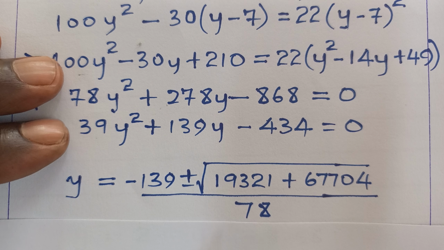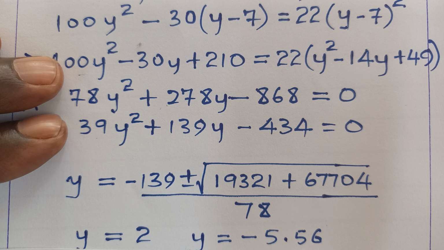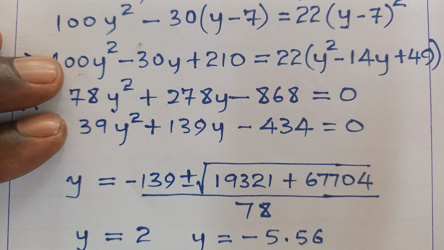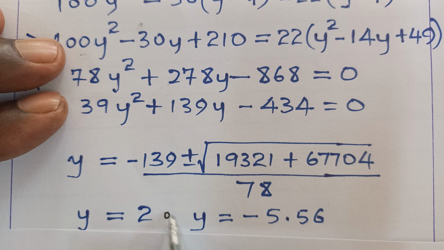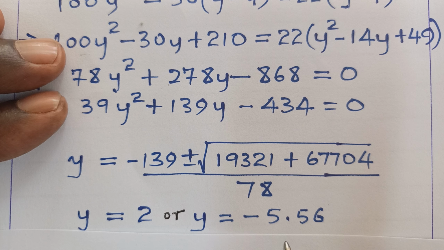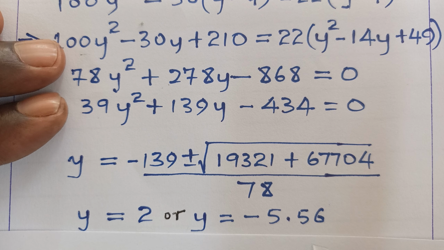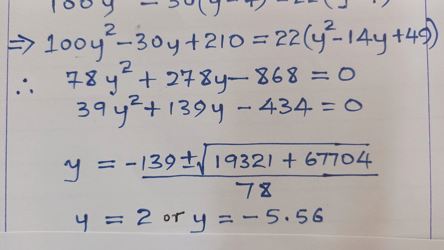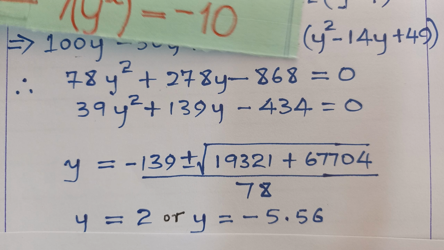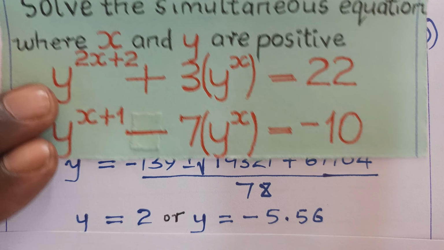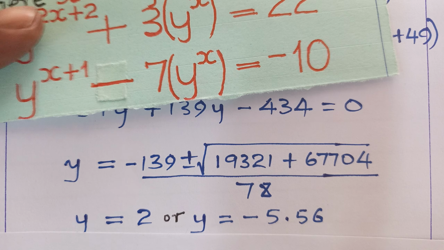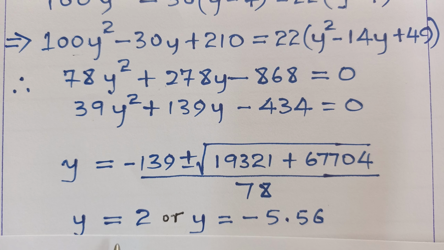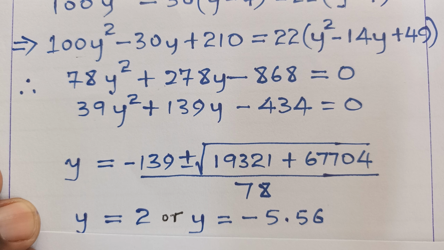Guys, when we evaluate that, we shall have y equals 2 or y equals negative 5.56. And since we are talking of positive values, that is x and y should be positive values, we shall use y equals 2.